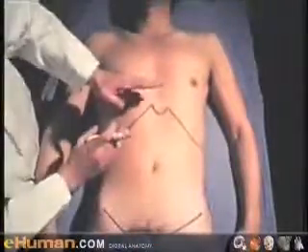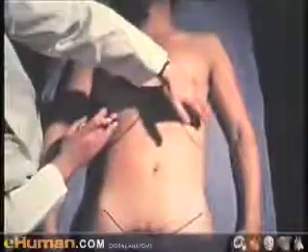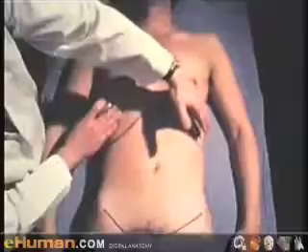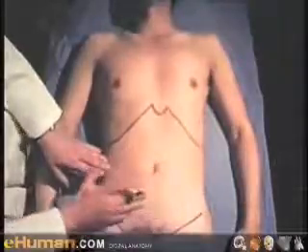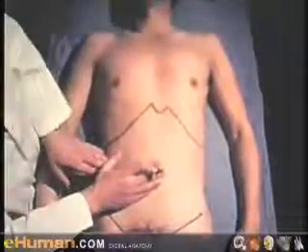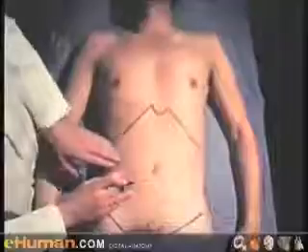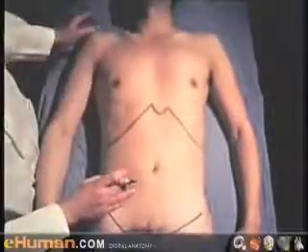So the abdominal cavity is protected to some extent by the ribs and the intercostal muscles and the diaphragm, whereas below here the soft underbelly just has the muscles of the abdominal wall protecting the viscera. Now, if we ask this patient to gently raise his shoulders without using his arms, we can make out the lateral margin of the rectus abdominis muscle, and I'll just indicate that in this fashion.